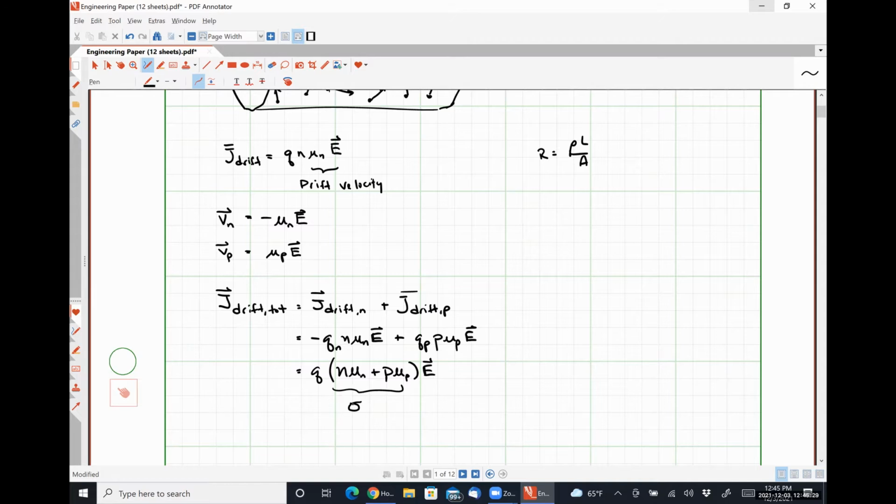So it's just charge times conductivity times electric field gives us our drift current density.